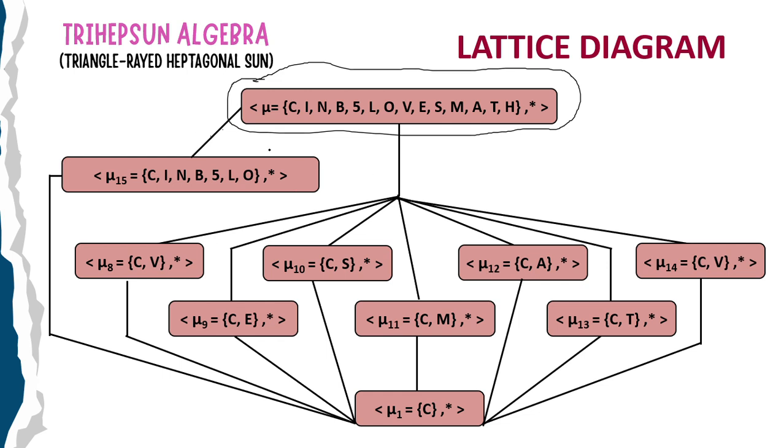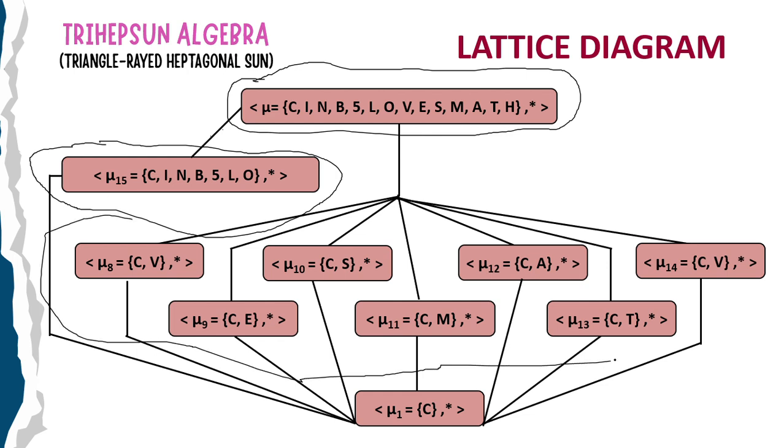Then after the improper subgroup, we have here the proper subgroups. Here's a proper subgroup with 7 elements. Here are proper subgroups with 2 elements. And here is our trivial subgroup with 1 element.